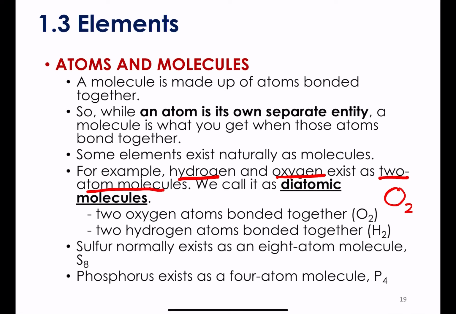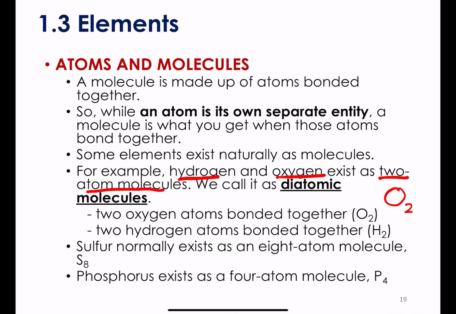Another example you have to understand is sulfur. Sulfur normally exists as an 8-atom molecule. Meaning, to be most stable, 8 sulfur atoms combine to form S8.